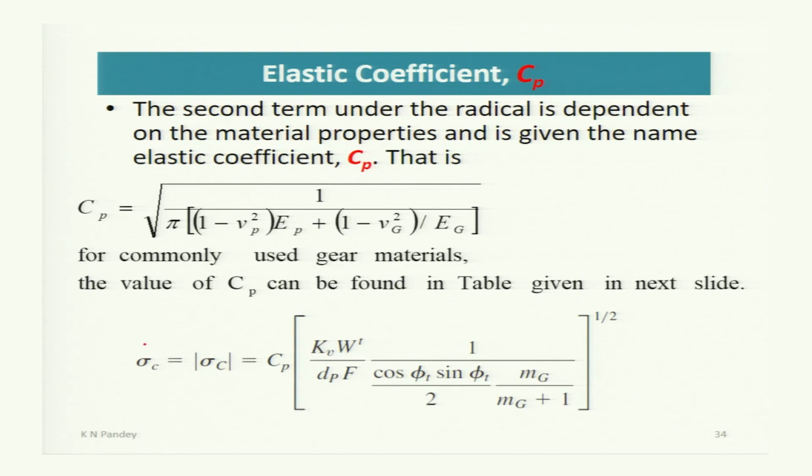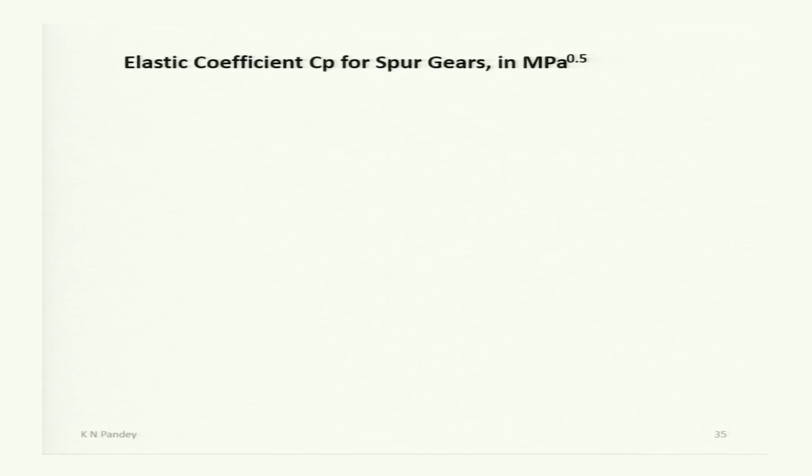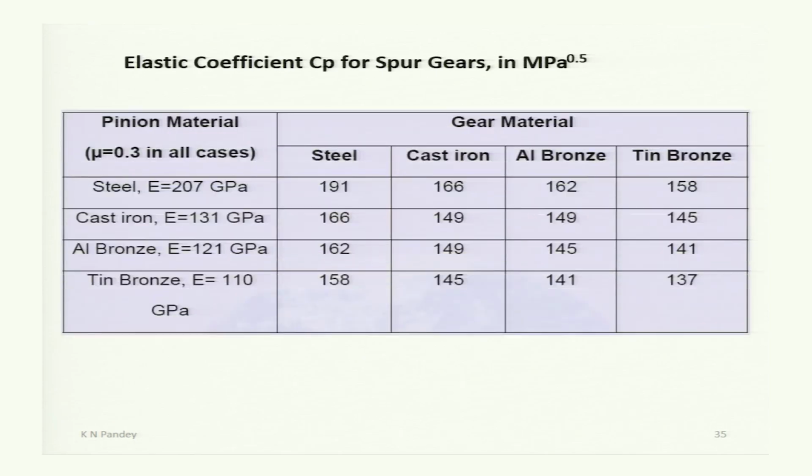So, your Hertzian contact stress is Wt divided by dpf, 1 divided by sine, by mg plus 1. Now, elastic coefficient Cp for spur gear is obtained from the table; if pinion material is steel and gear material is steel, then it is 191 under root megapascal.